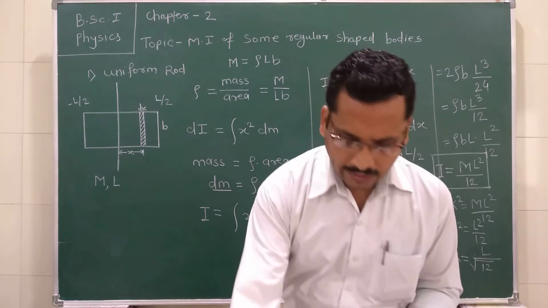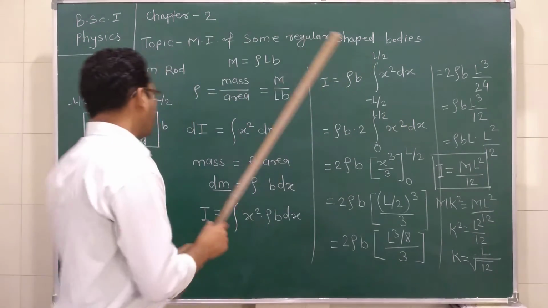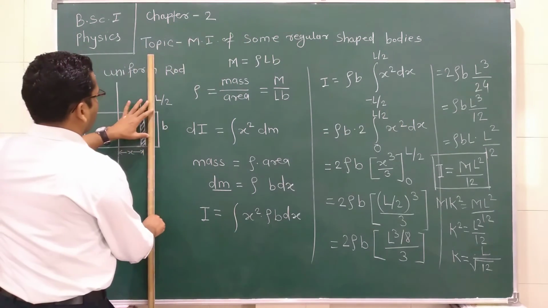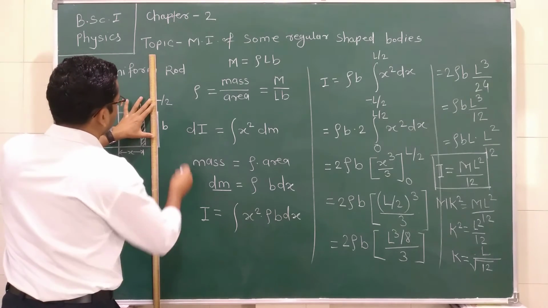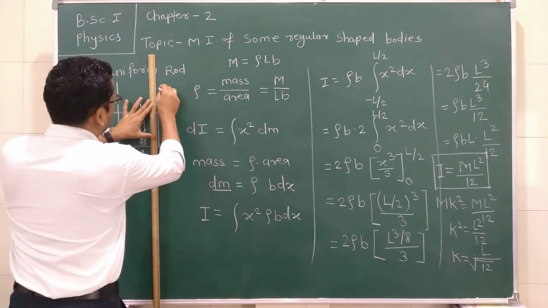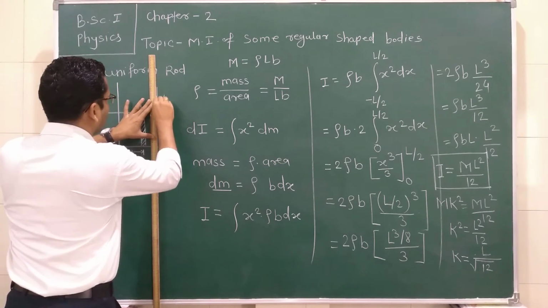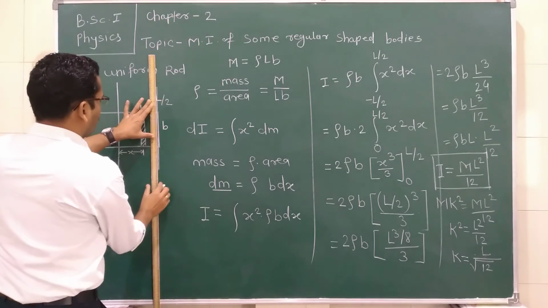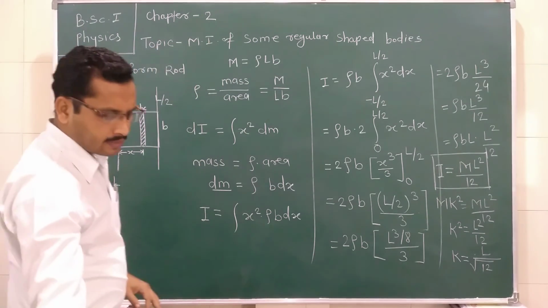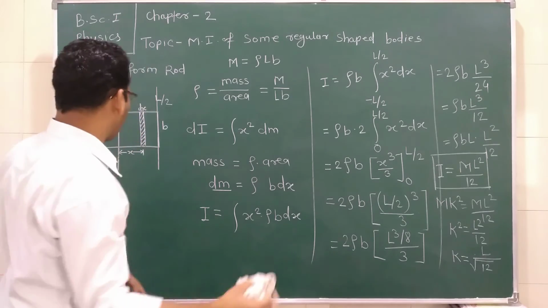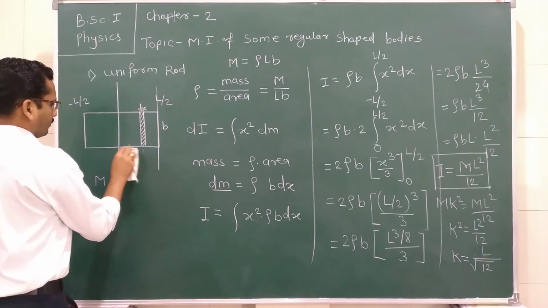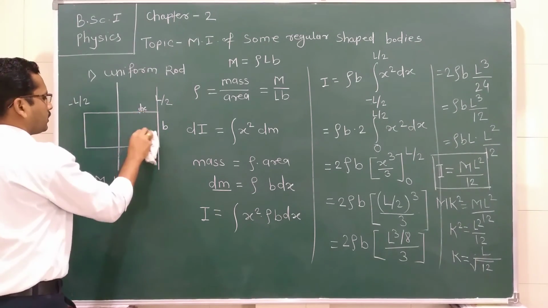Okay, so let's start. If we consider that this axis is passing through one end of the rod, then what is the moment of inertia?